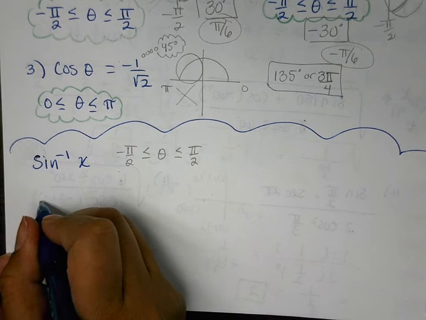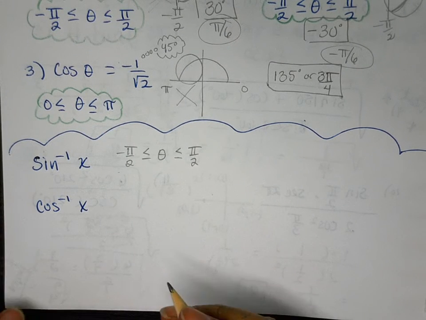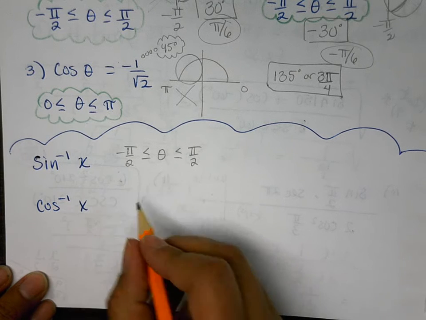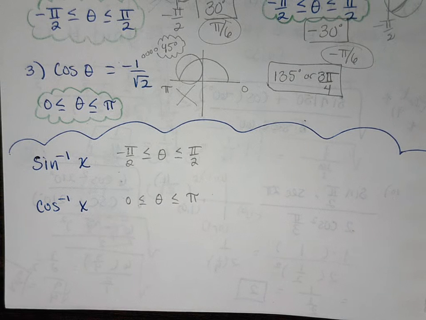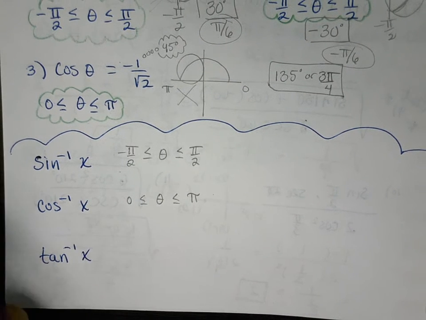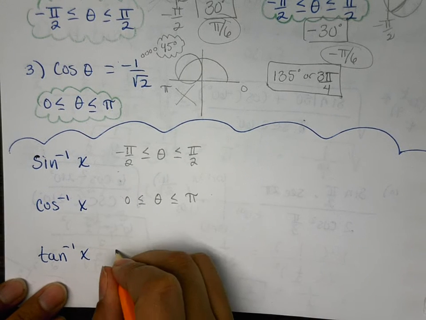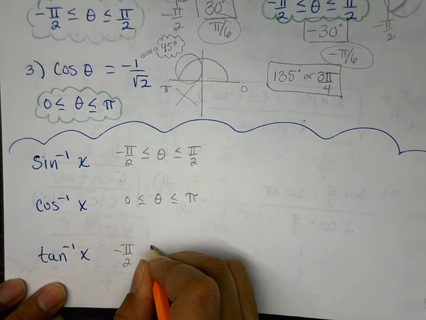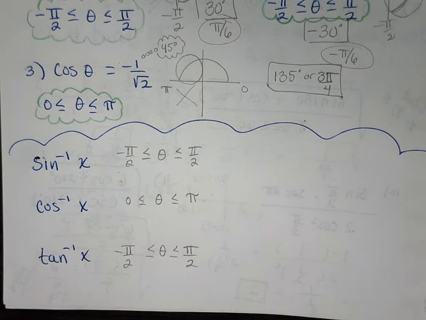All right, cosine, inverse cosine, will always be defined between, just like we had right here. 0 is less than or equal to theta, which is less than or equal to pi. And the one that we haven't seen yet, inverse tan, will always be defined just like inverse sine. Negative pi over 2 is less than or equal to theta, which is less than or equal to pi over 2.